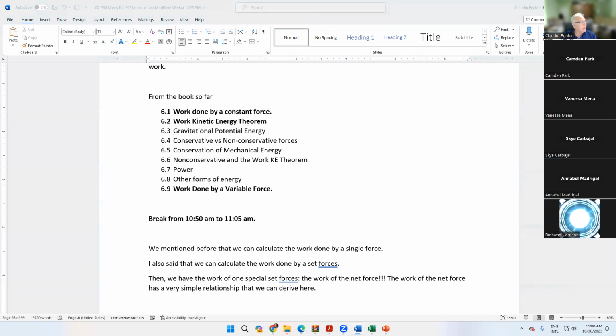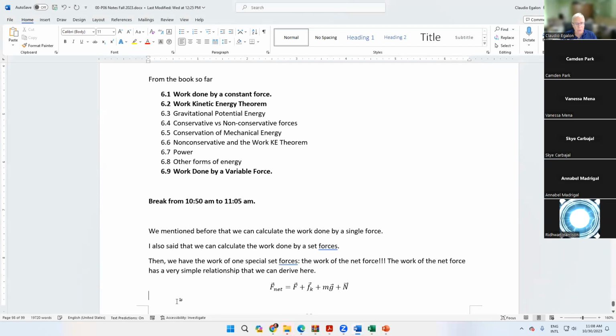Let's say the net force is equal to an applied force plus a force of friction plus the weight plus the normal. Maybe we may have other things there too, but let's stick with those for now. I call that the net force.